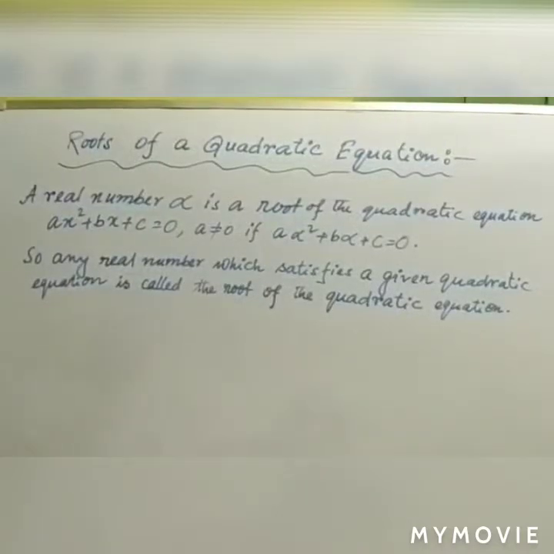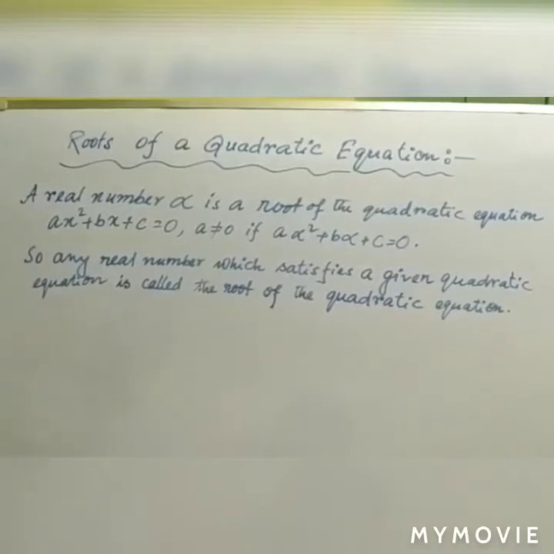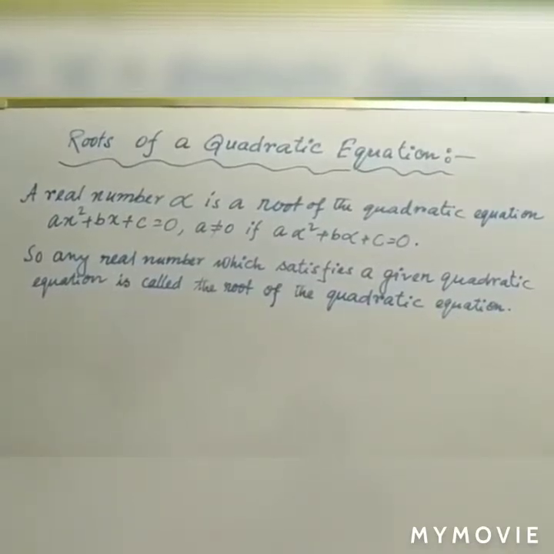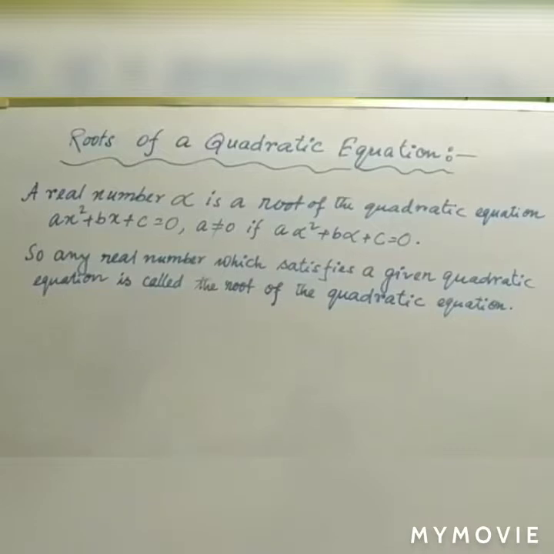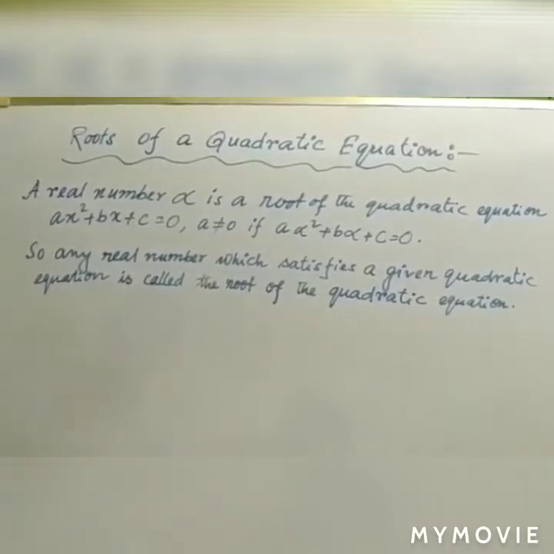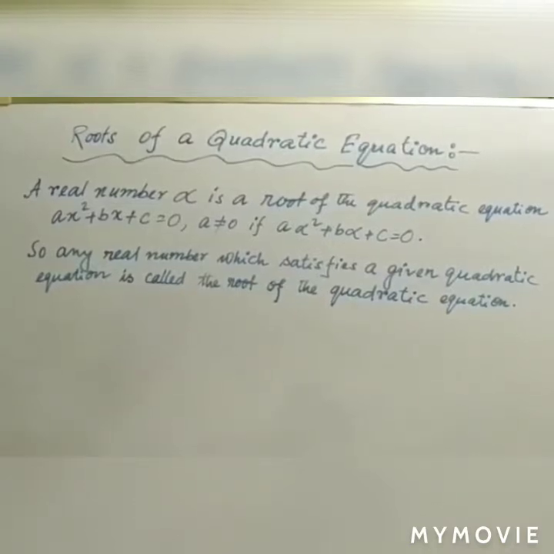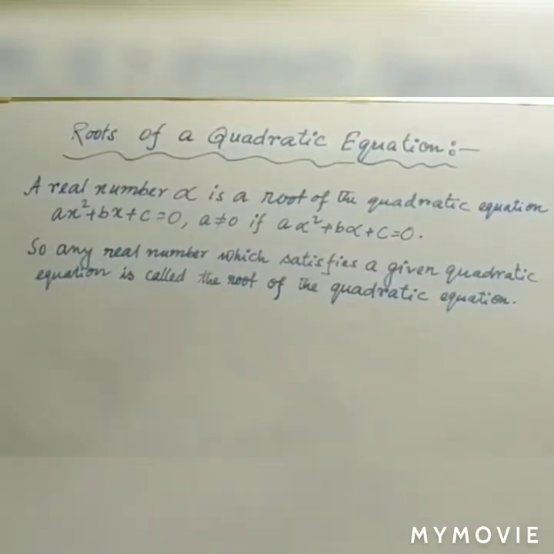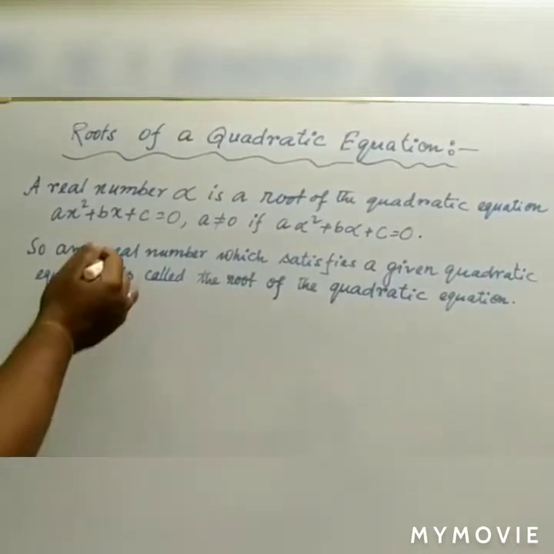So let us discuss the roots of a quadratic equation. A real number alpha is a root of the quadratic equation ax square plus bx plus c equals 0, where a is not equal to 0, that is the standard form, if a alpha square plus b alpha plus c equals 0. That means alpha satisfies the standard form of the quadratic equation.